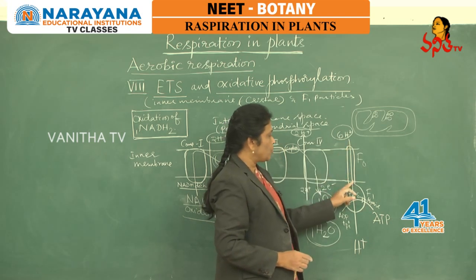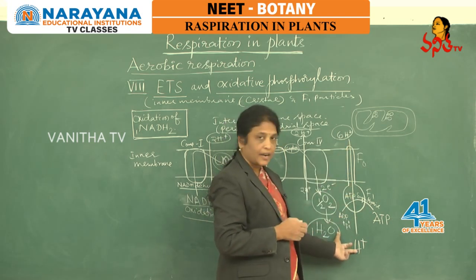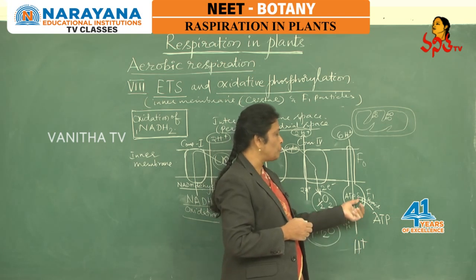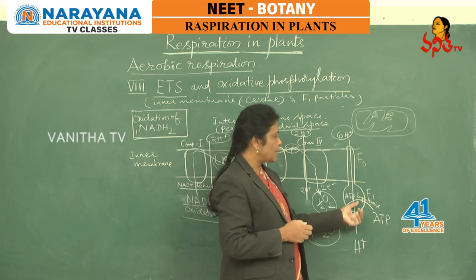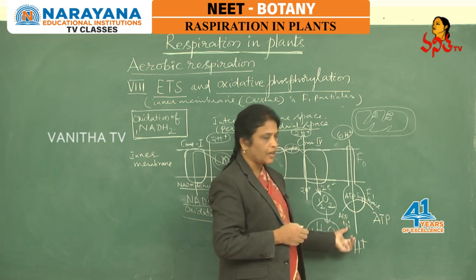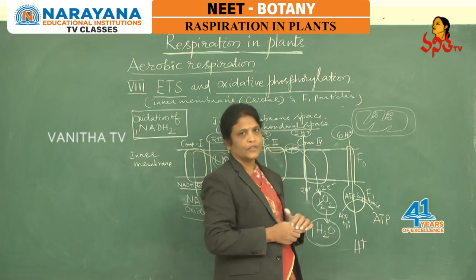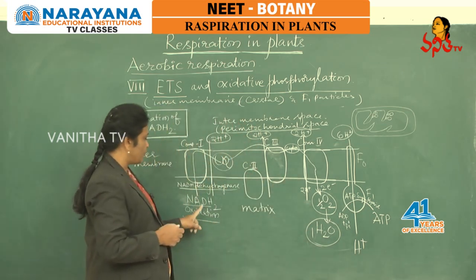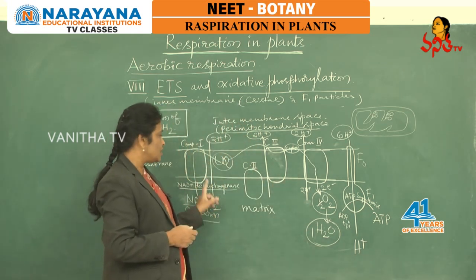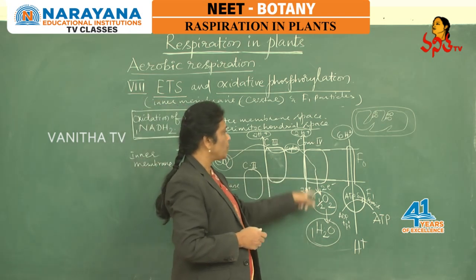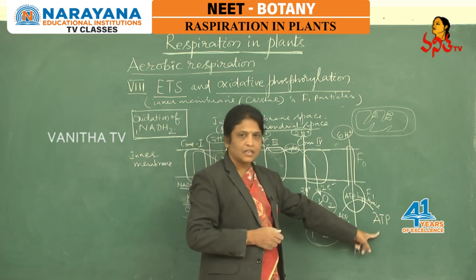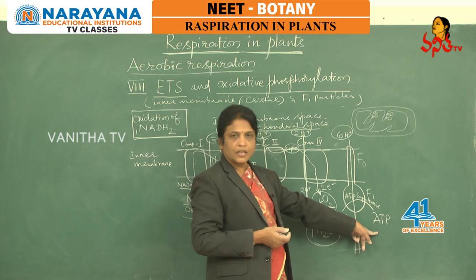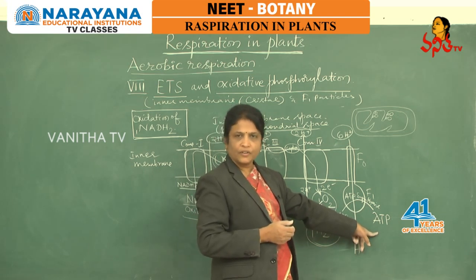By the time the protons cross the head region and are added to the matrix, a certain amount of energy is liberated in the head part, that is the F1 part of the coupling factor, and captured by ATP synthase, and that is utilized for the coupling of ADP and Pi to form ATP. So, oxidation of coenzymes like NADH2 results in electron transport and proton translocation, and the protons channeled through the coupling factor cause the synthesis of ATP, and that is the electron transport system and oxidative phosphorylation.